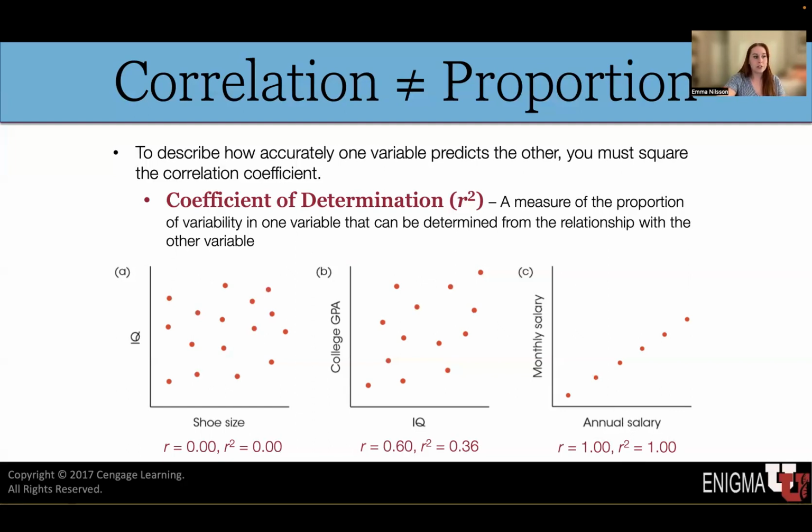In other words, if two people have completely different annual salaries, the difference can be completely explained 100% by the difference in their monthly salaries as well. So correlation does not tell you about proportion. It can't allow you to predict, but it can give you information. You can create the coefficient of determination, which will allow you some information about that.